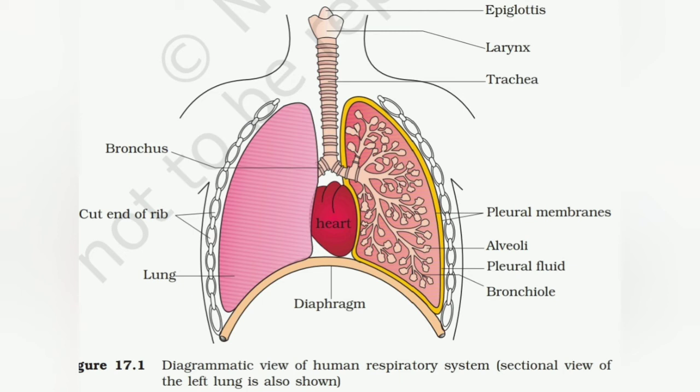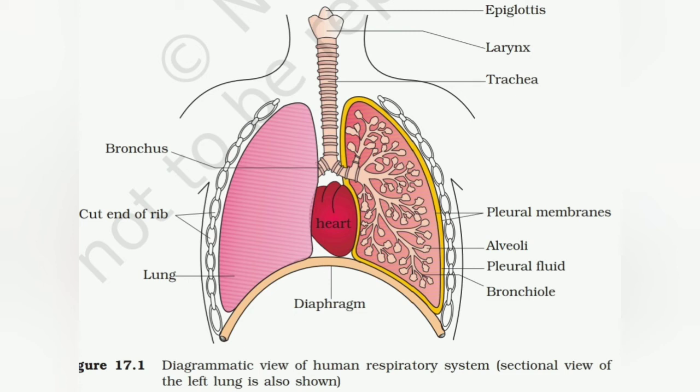Here is the diagrammatic view of the human respiratory system, in which we can see from the epiglottis. Here larynx is there, then comes trachea. Ring-like structures are there over trachea. They are cartilaginous rings, half cartilaginous rings, which prevent trachea from collapsing. After this, the trachea divides into two branches, left and right, known as bronchus.